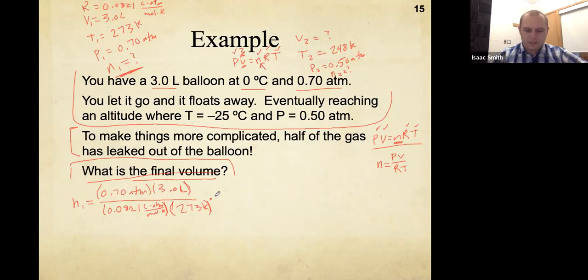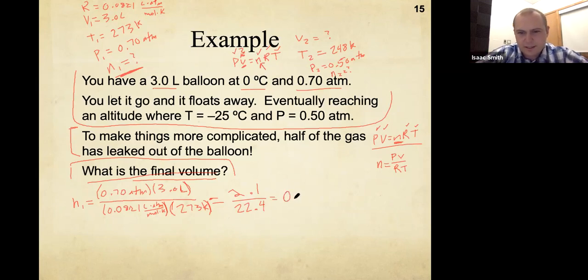Okay. So let's work this out. I am just using my phone calculator here. So I'm going to multiply the numerators first. So I'm going to do 0.7 times 3. That gives me 2.1. Sorry, that's very messy. 2.1 over, and I'm going to multiply the denominators, 0.0821 times 273, so divided by 22.4, and then I can just do 2.1 divided by 22.4.